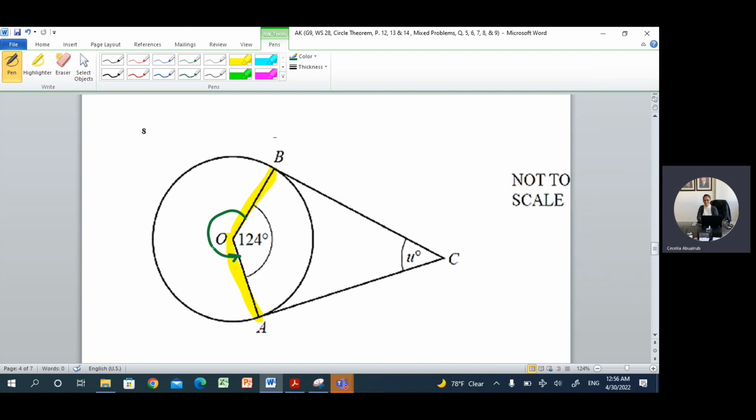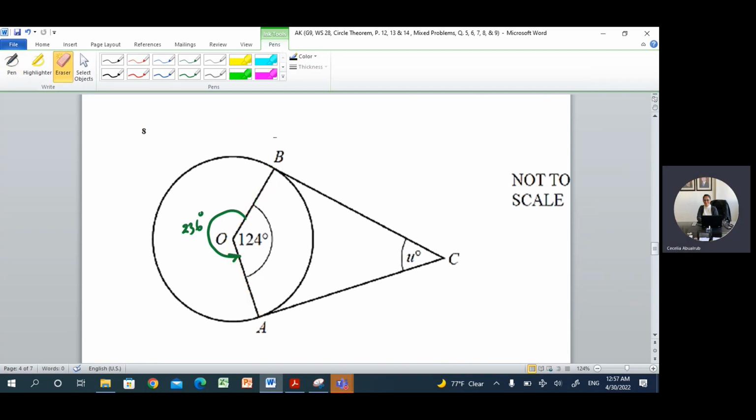Sorry. So 360 minus 124. And the answer will be 236 degrees.